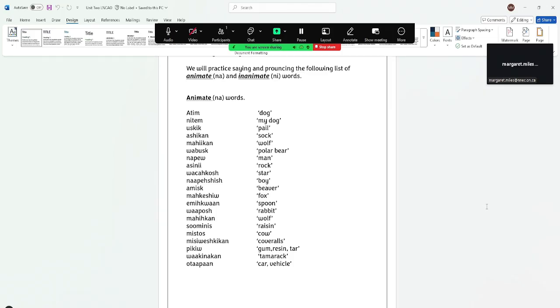And more examples of inanimate. We would say beta.